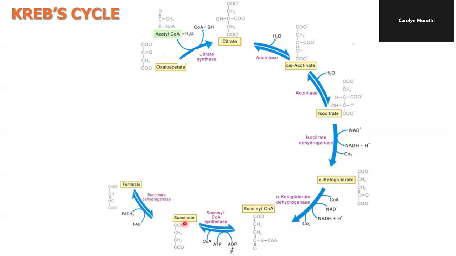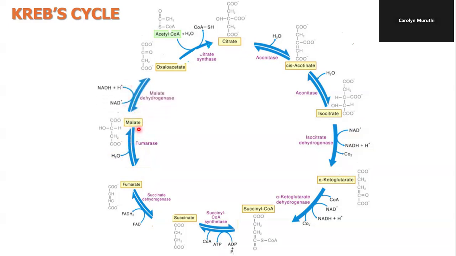Succinate is then converted to fumarate through the activities of succinate dehydrogenase, and here we have the first generation of FADH₂, because two hydrogens from succinate are taken up by FAD to give FADH₂ and also fumarate, and here it forms a double bond. Next, fumarate is then converted to malate by addition of water, a reversible reaction.